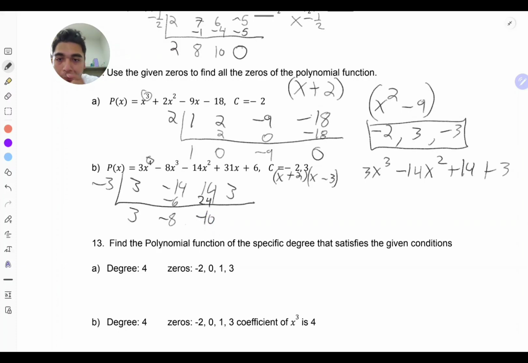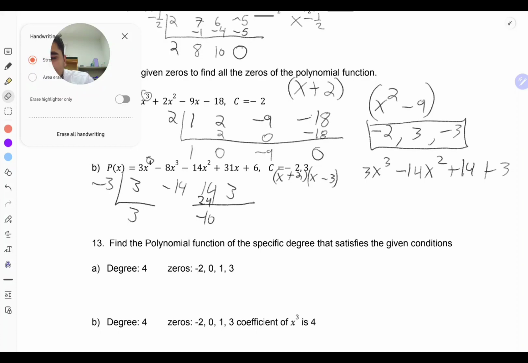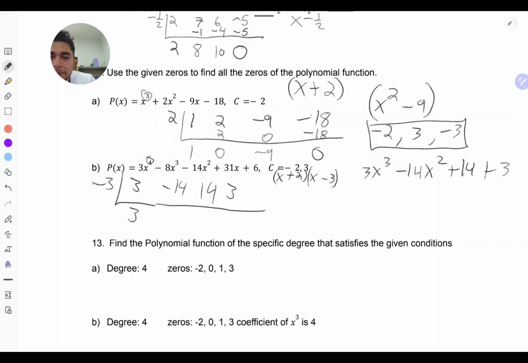Okay, and we are left with negative 10. We're left with 14, 3, 3. Oh, my bad. There's an error here. My bad. Okay. Let's just start from here.